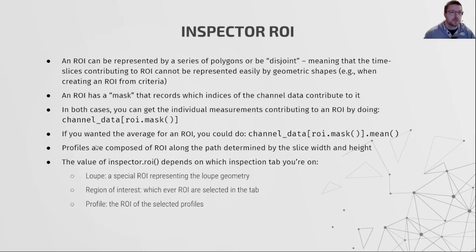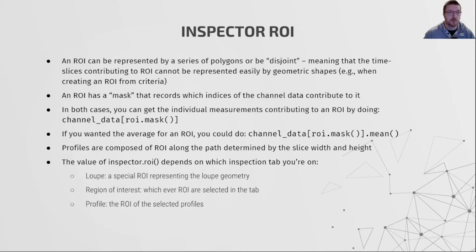So what is a region of interest? Let's talk a little bit more about that now. So a region of interest can be represented by a series of polygons or be what we call disjoint. So that just means that the time slices contributing to the region can't really be represented easily by geometric shapes. So for example, when you create a region of interest using criteria, we can't really say that this is a circle at this coordinate and a square at this coordinate.